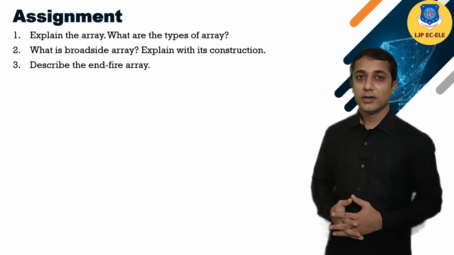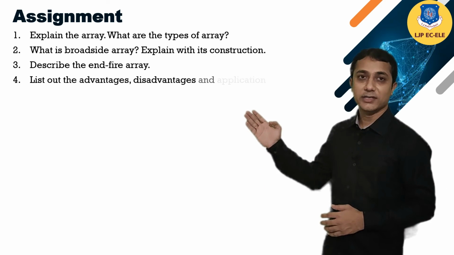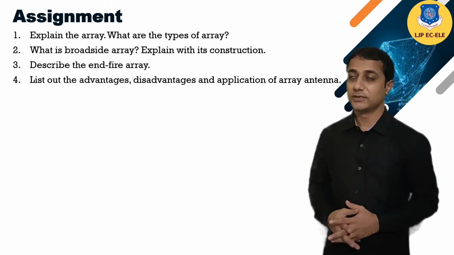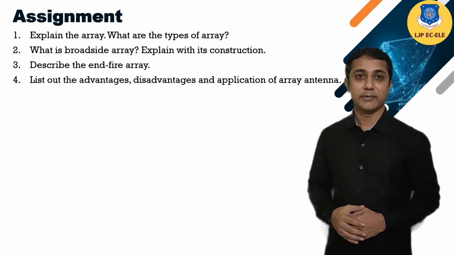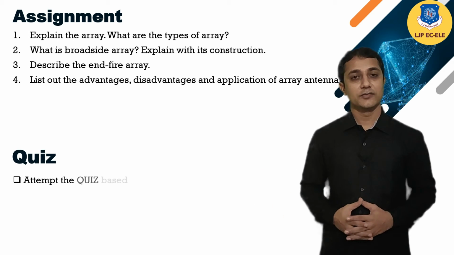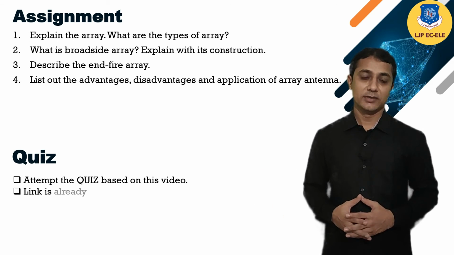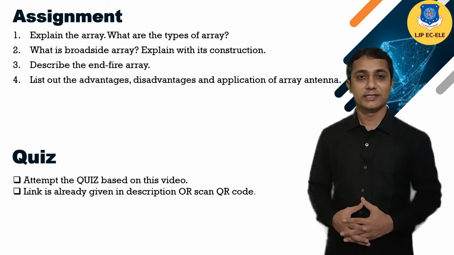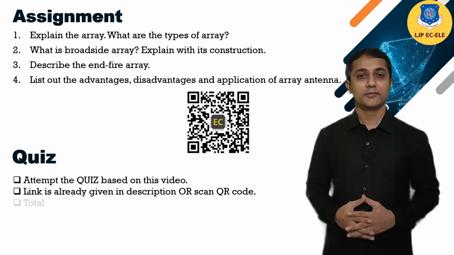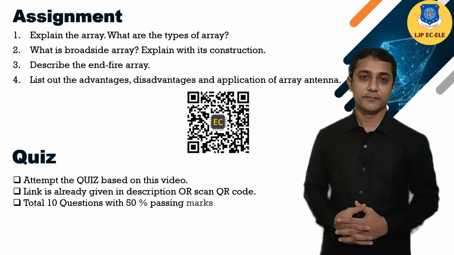And fourth, list out the advantages, disadvantages and applications of array antenna. So these are the 4 questions in assignment for you, or you can attempt the quiz based on this video. Link is given in the description box, or you can scan the QR code. Total 10 questions with 50% passing marks.